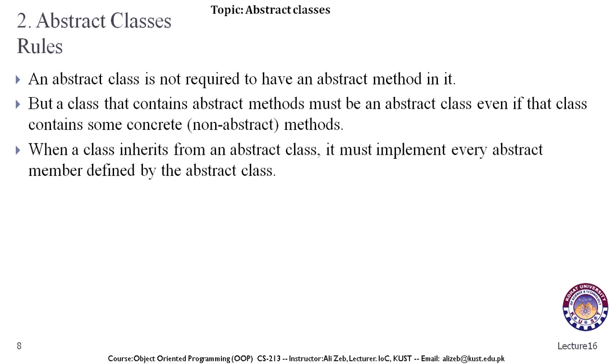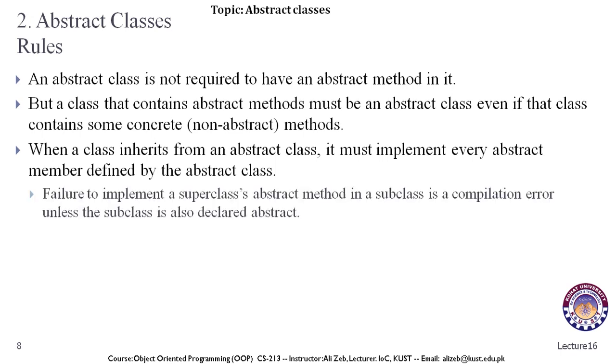When a class inherits from an abstract class, it must implement every abstract member defined by the abstract class. As we saw in our example, when we had the abstract draw method and the area method in the shape class, we needed to provide the implementation of those methods in our subclasses triangle, rectangle, and circle.